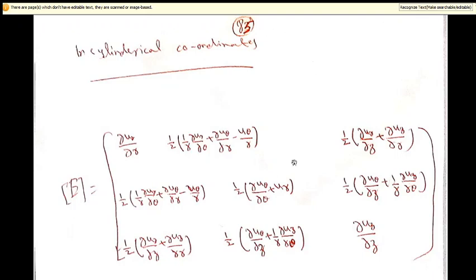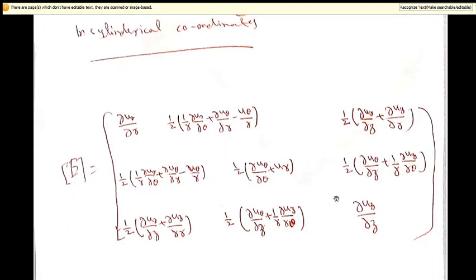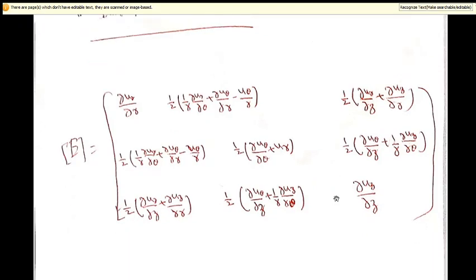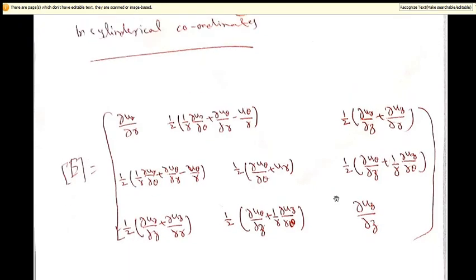So using all the information about cylindrical coordinates, you have to find this matrix E in terms of cylindrical coordinates. Now it's up to you whether you do it or not.